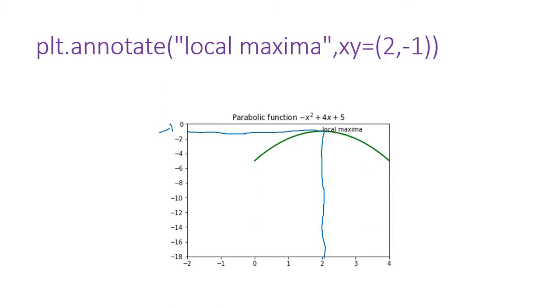I just want to mention that, so I want to annotate. The keyword is annotate. Whatever you want to write here, you write in string format within single quotes. Then you need to give the xy location: xy is equal to, within round brackets, the x location and y location.